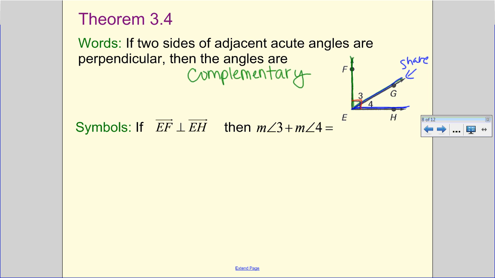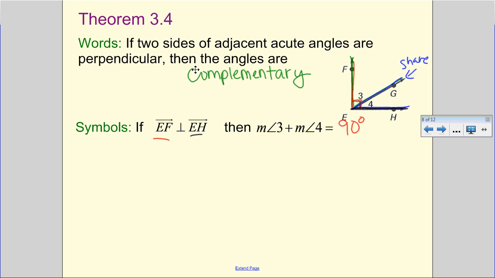So because those two sides came together to form this 90-degree angle, they're perpendicular. So we know 3 and 4 have to be complements. So if EF is perpendicular to EH, then the measure of angle 3 plus the measure of angle 4 has to equal 90 degrees.